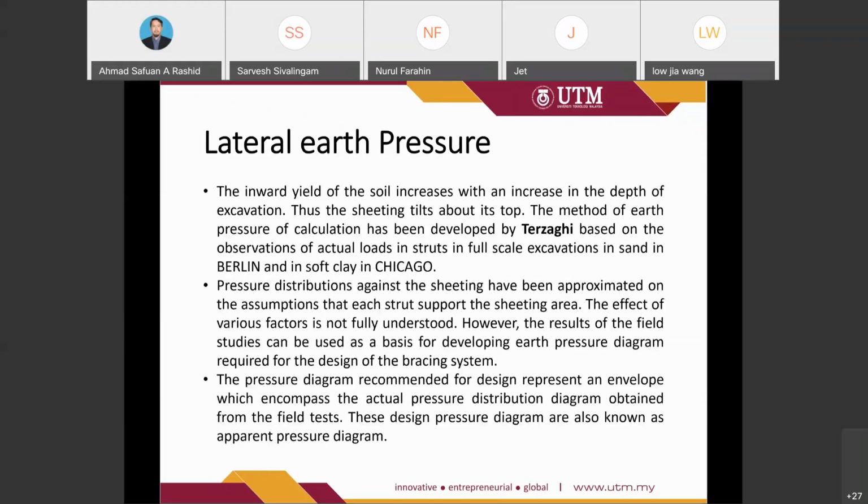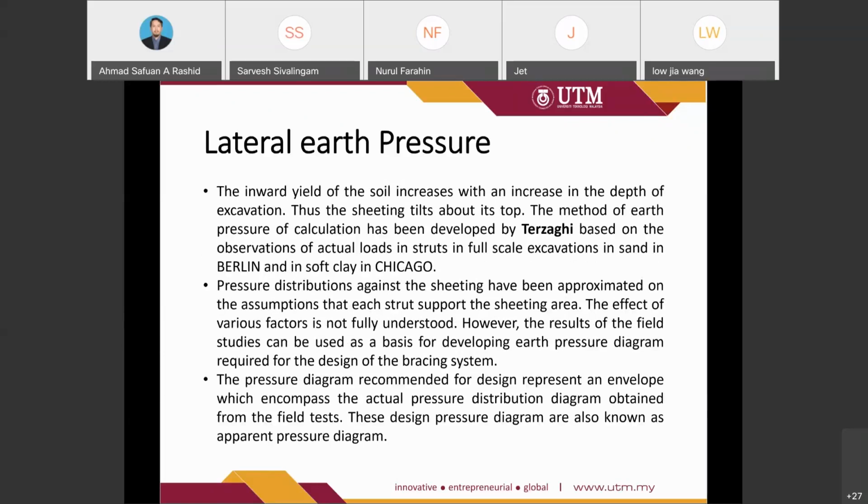So they're using a pressure distribution method, okay, where we may differentiate between sand and clay, because the pressure distribution is different.